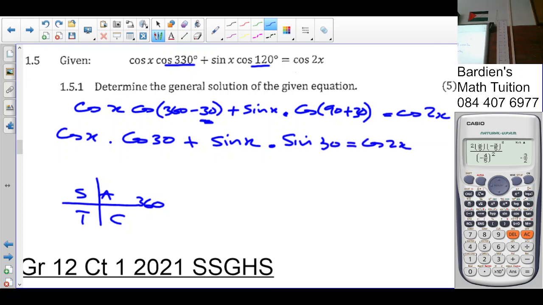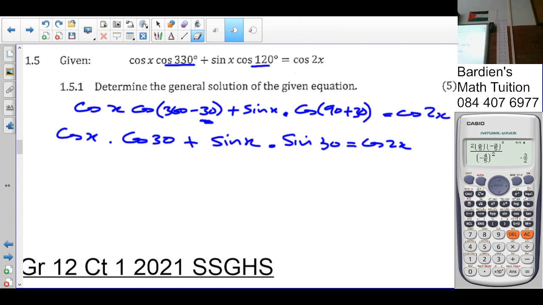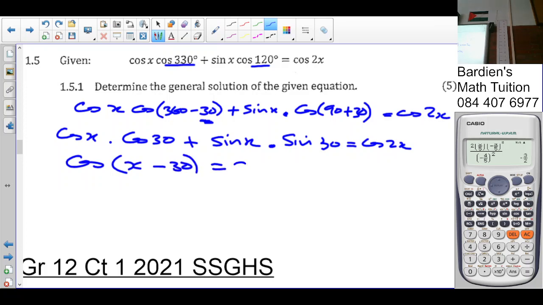Okay, sorry about that. So what comes to mind, people? Cos alpha, cos beta plus sine alpha, sine beta? Cos compound angle. Not so. Opposite sign or same sign? Opposite. So it's going to be cos of x minus 30 is equal to cos of 2x. So what are we doing now?